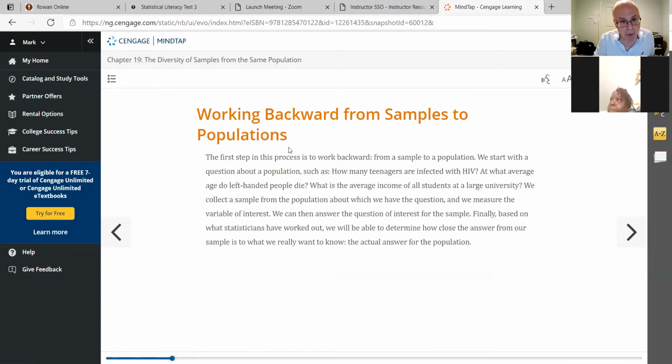So we're moving from the sample to the population. And we do that with hypothesis tests too. Because with a hypothesis test, we have some hypotheses about the population, and we're using the sample to determine if those hypotheses are true, or if there's enough information to support one hypothesis over another one.